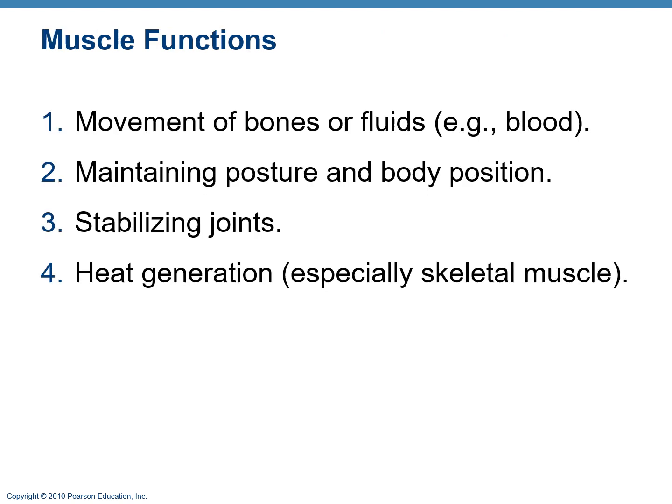As far as the functions of muscles go, we know that it functions in the movement of bones, right? It acts as levers between bones, or in the case of smooth muscle or cardiac muscle, it's pushing through fluids like blood. 2, maintaining posture and body position. A lot of those paraspinal muscles that we don't really give much thought to, but they're holding us upright.